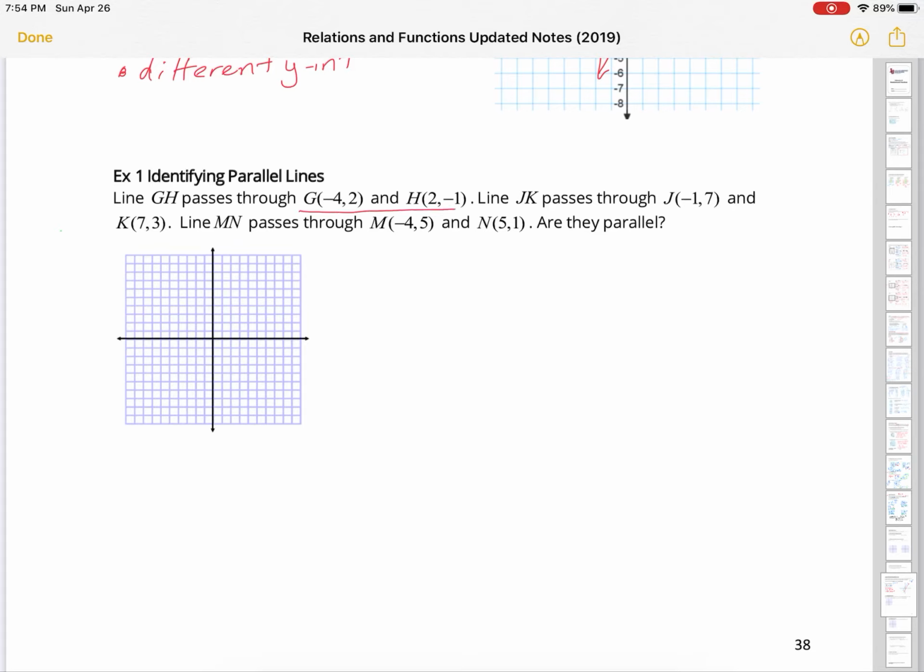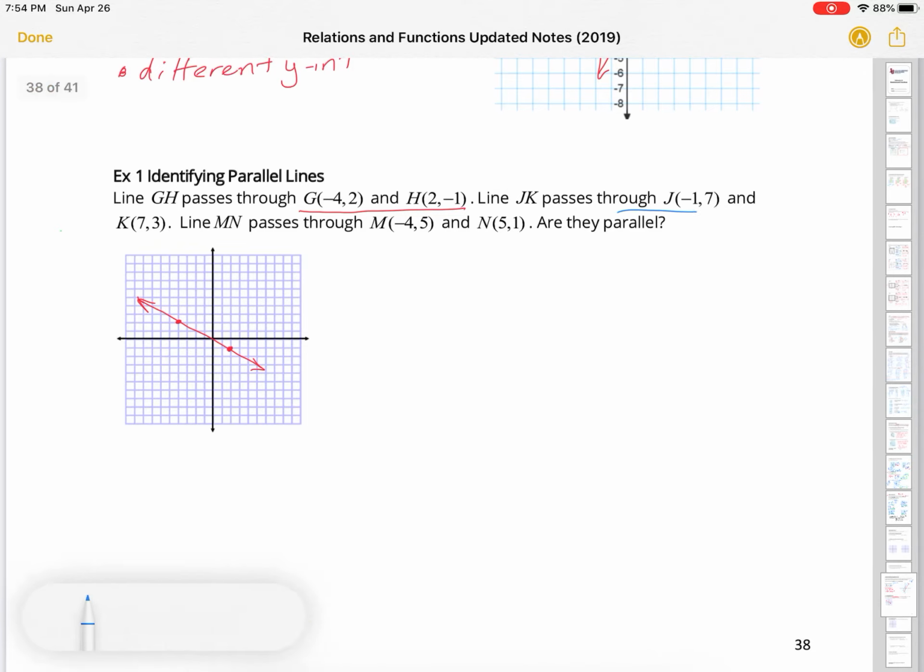Well, let's see. We have line GH passes through G and H. G is negative 4, comma 2. And H is 2, comma negative 1. And so that's line GH.